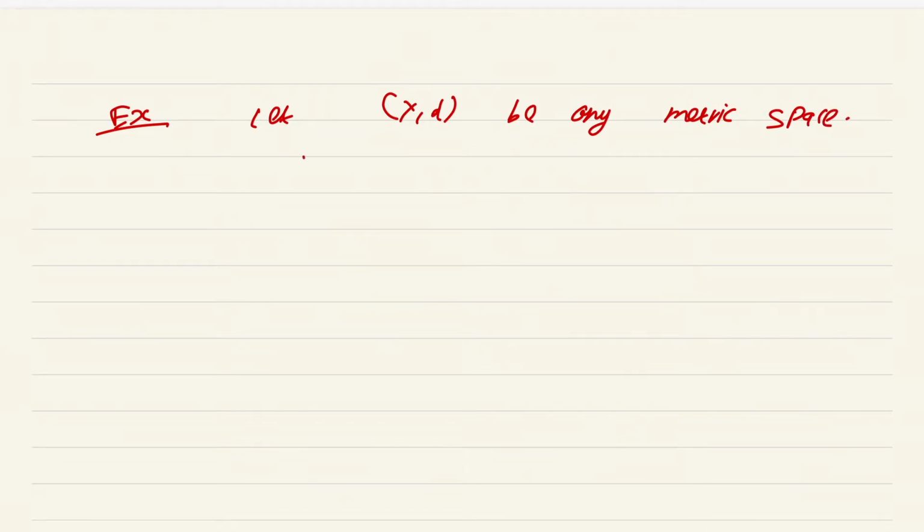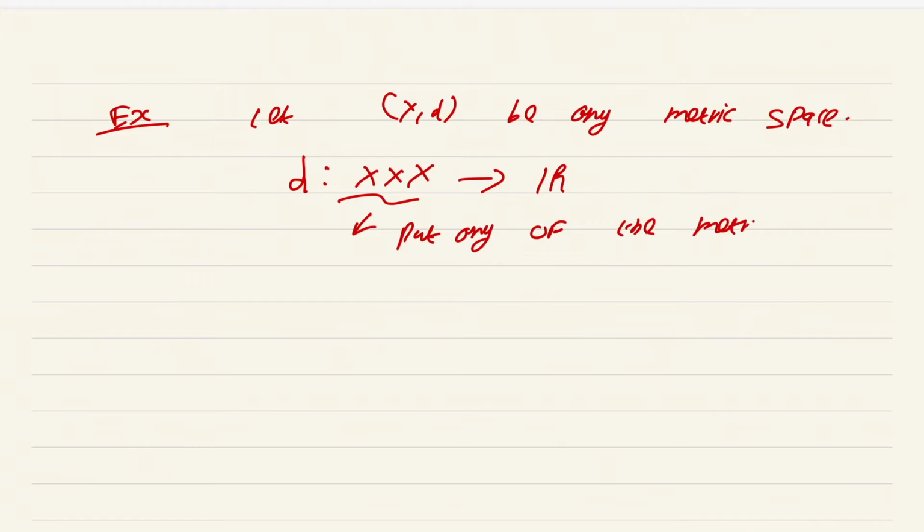Look at the function d from X cross X to R. The actual metric is essentially a function from the product space to R. Now put any of the metrics in the previous slide and show that d is continuous.